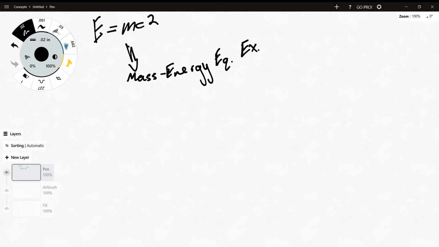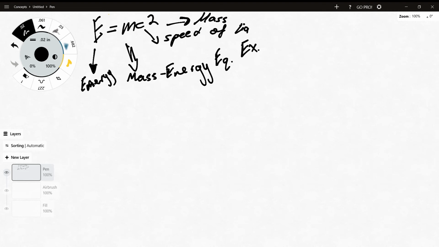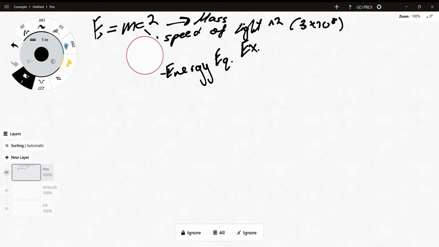And it states that the energy of any object is equal to that object's mass times the speed of light squared, which is 3 times 10 to the 8th, a little bit closer to 2.99. Alright, so you'd already be familiar with that expression.